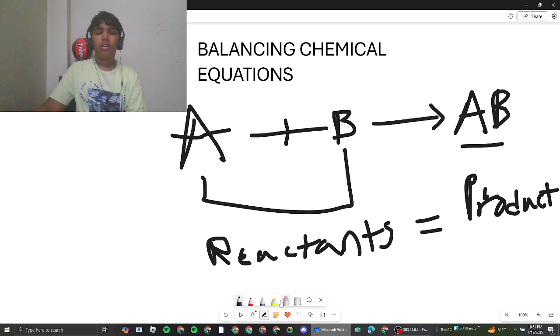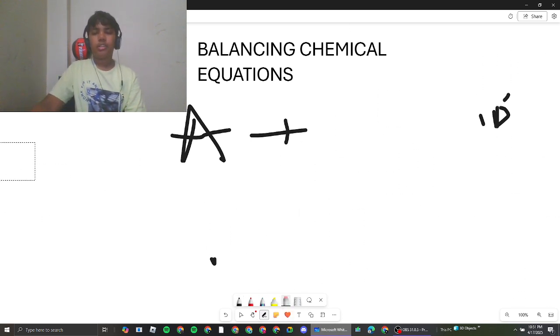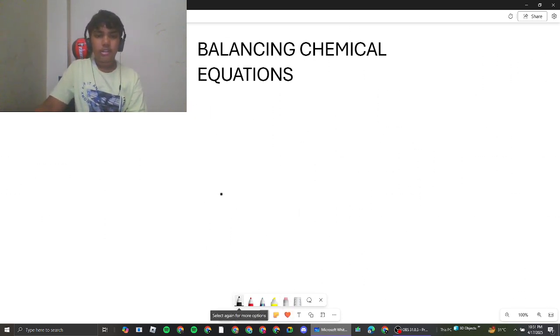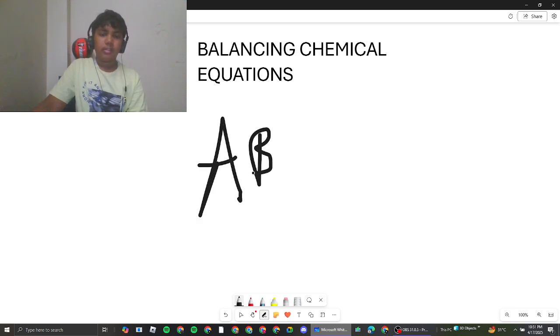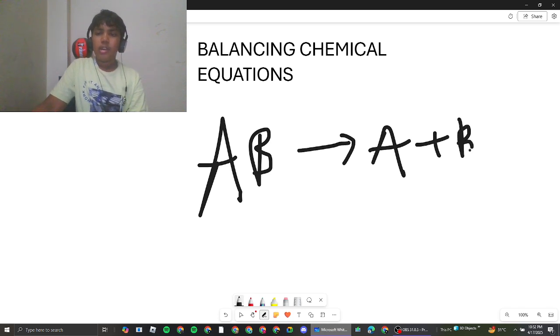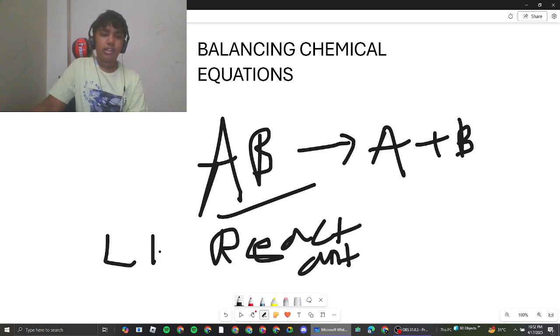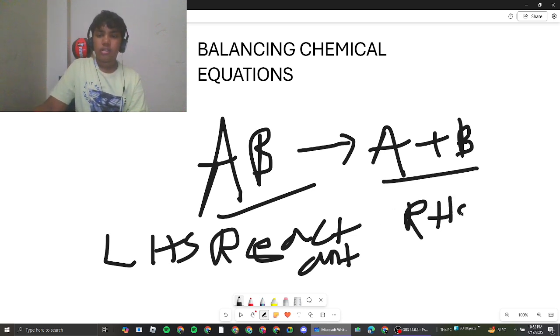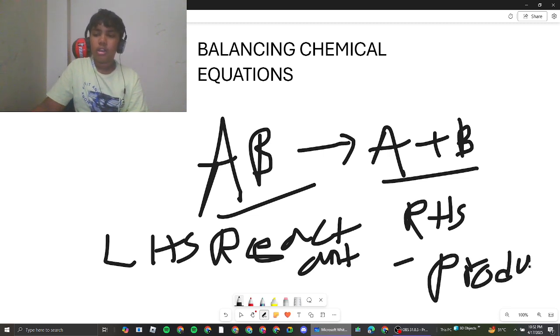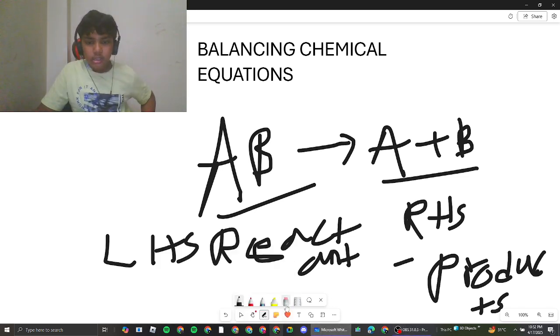We can also reverse this: if we write AB, this is decomposition, it breaks down into A plus B. Remember, the reactant is always this side, the LHS, and this RHS is the products of the reaction, because decomposition is a reaction, right?